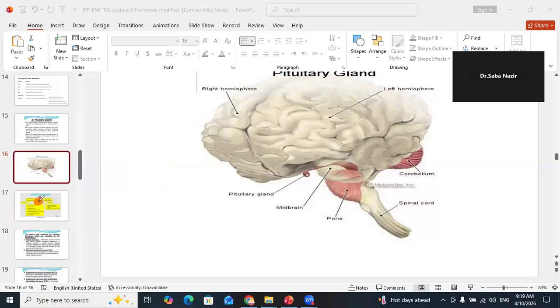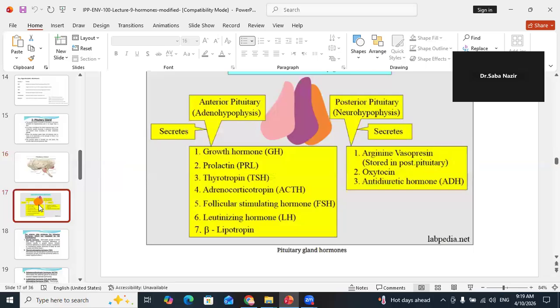What are these lobes and their roles? Anterior pituitary lobe, hypophysis. It releases seven different types of hormones: growth hormone, prolactin hormone, thyrotropin hormone, adrenocorticotropin hormone, follicle stimulating hormone, luteinizing hormone, and beta lipotropin.